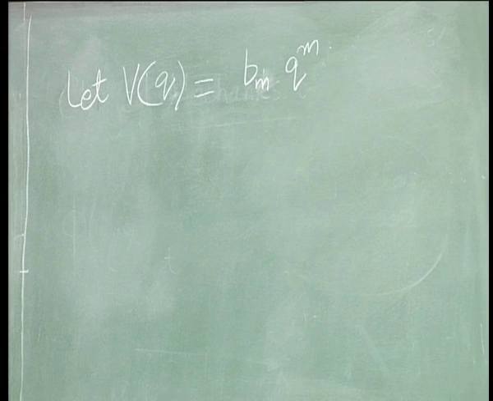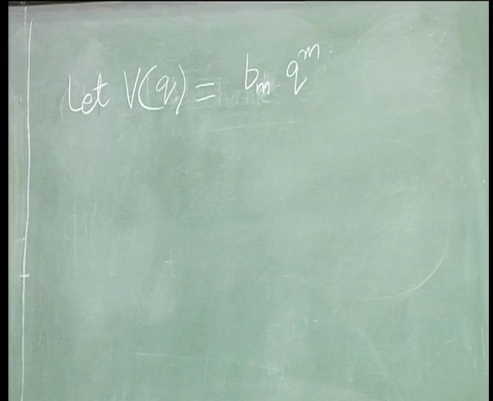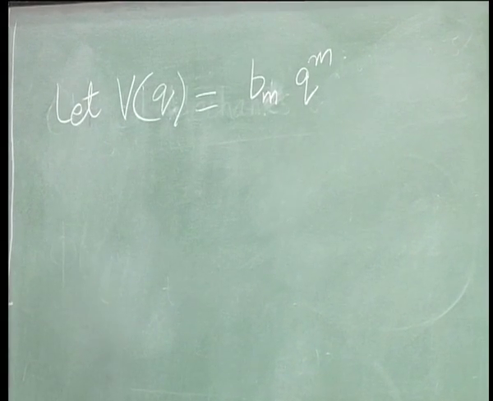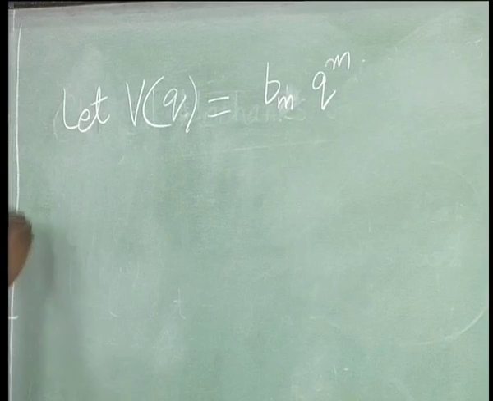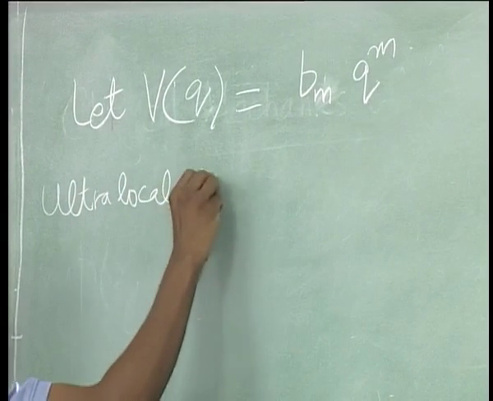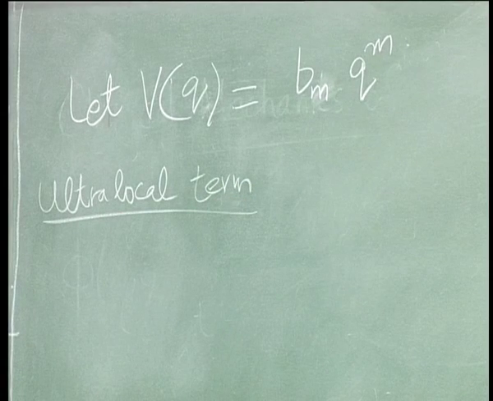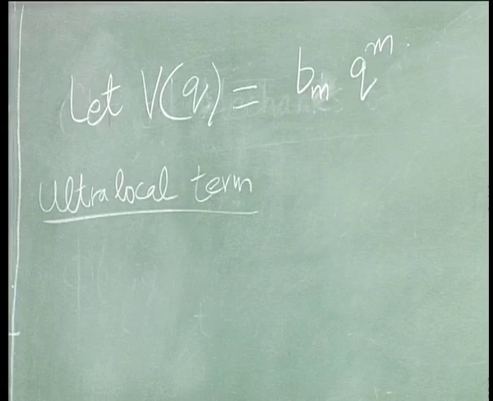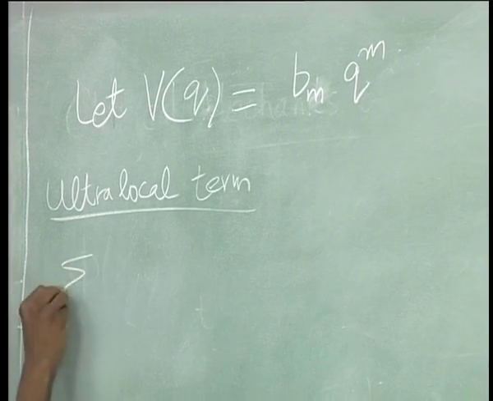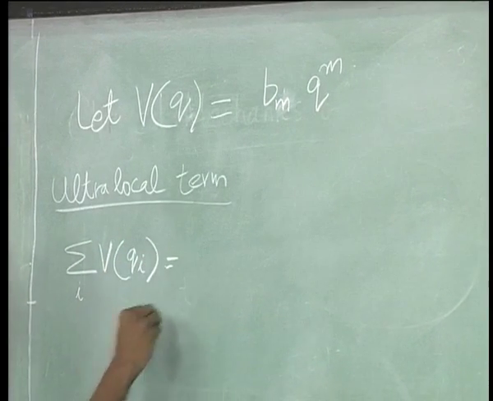If you want several of them, you can sum over them, but I am just choosing, for simplicity, just one term. I call this coefficient B_m. So now, the ultra local term has the following part, which is just the summation over i of V of q_i.